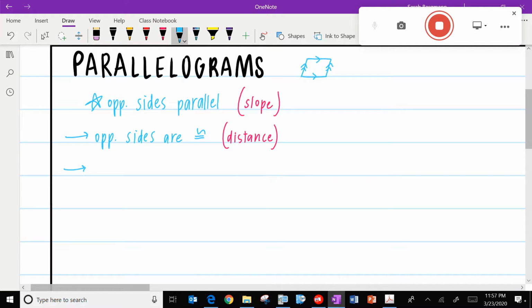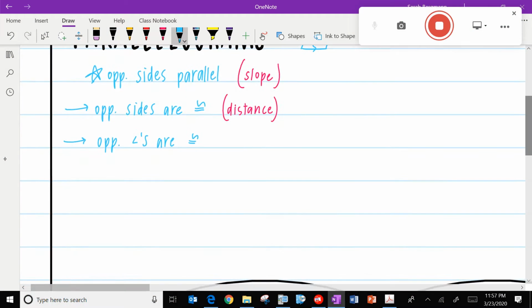We also know that the opposite angles are congruent. We know that consecutive angles are supplementary.